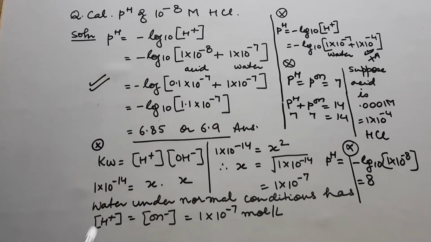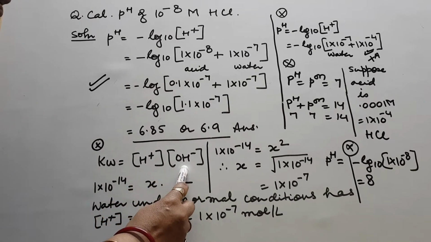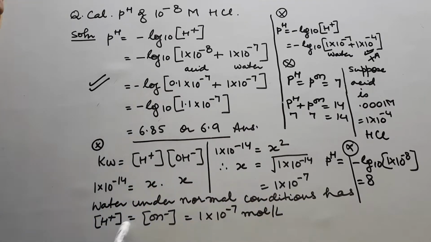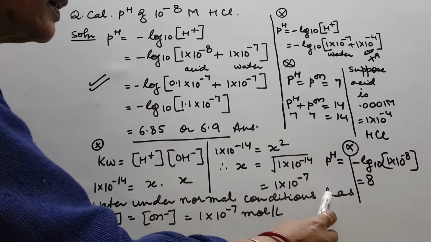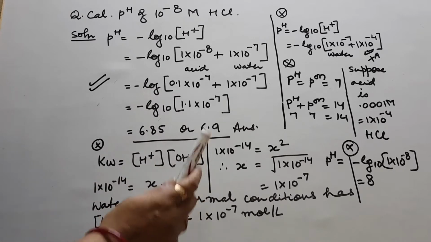From here you see children, thus water under normal conditions has this H plus and OH minus, both X which has come here, equal to 1 into 10 to the power minus 7 moles per liter. So water under normal conditions has H plus equal to OH minus equal to 1 into 10 to the power minus 7 moles per liter.